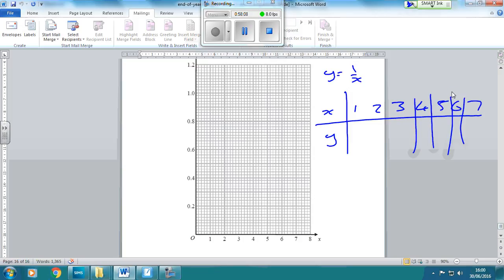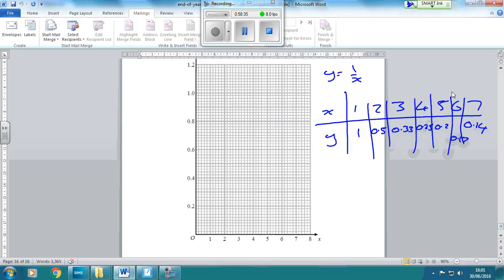Again, this gets us easy marks. So the y value is 1 divided by x. So 1 divided by 1 is 1. 1 divided by 2 is 0.5. 1 divided by 3 is 0.33. 1 divided by 4 is 0.25. 1 divided by 5 is 0.2. 1 divided by 6 is 0.1666, so 0.17. 1 divided by 7, I believe, is 0.14.